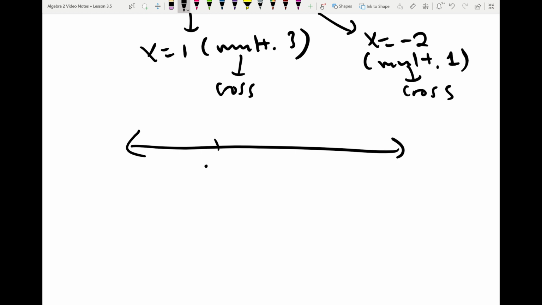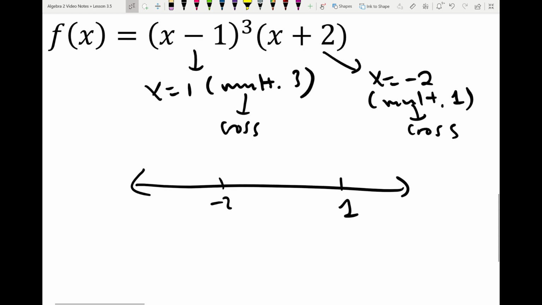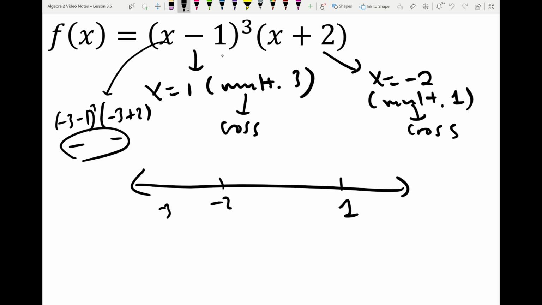So we have -2, we have 1. So let's plug in like -3 into the original. So if we plug in like -3, we have -3 minus 1 cubed, -3 plus 2. It's going to be a negative times a negative, which is a positive.